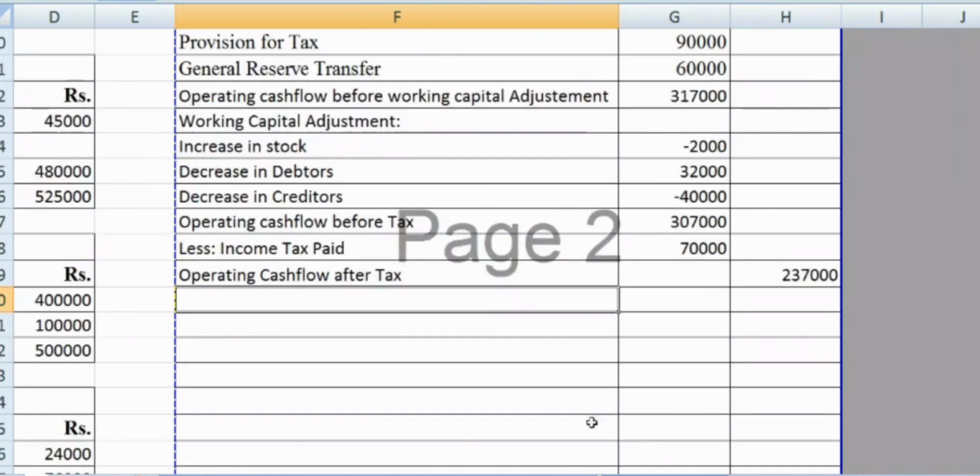Chal. Now what is the next step? B, cash flow from which activity? Investing activity. Cash flow from investing activity. So let's see, cash flow from investing activity one by one.